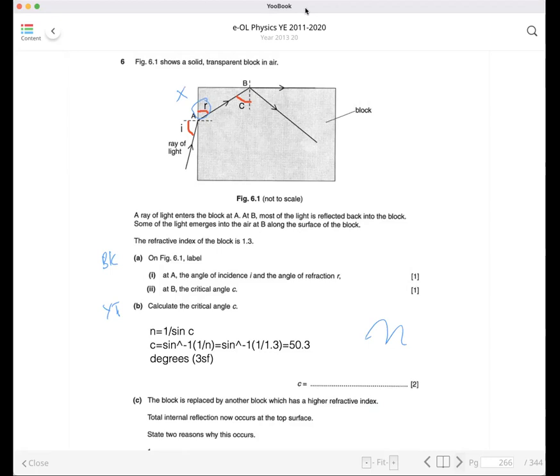All the angles should always be to the normal. So this dotted line is your normal. Whereas your arrow is to your surface. So your angle itself should be here. Is that clear?